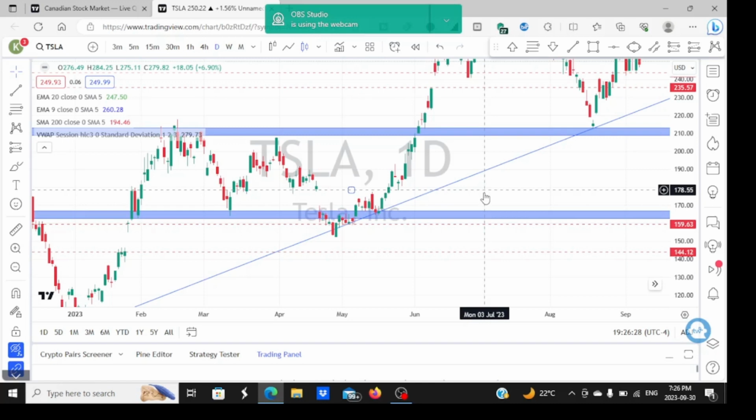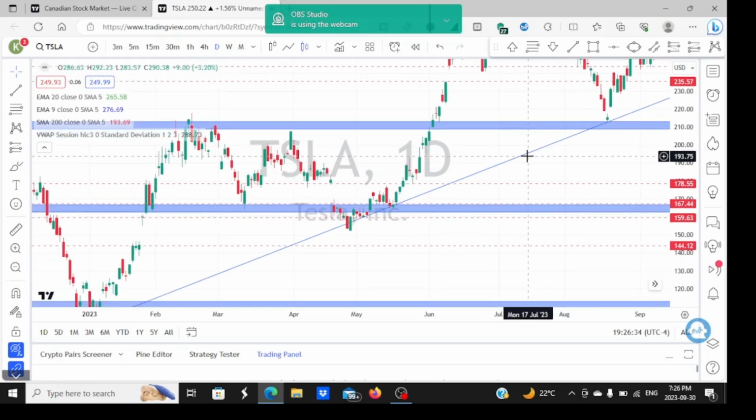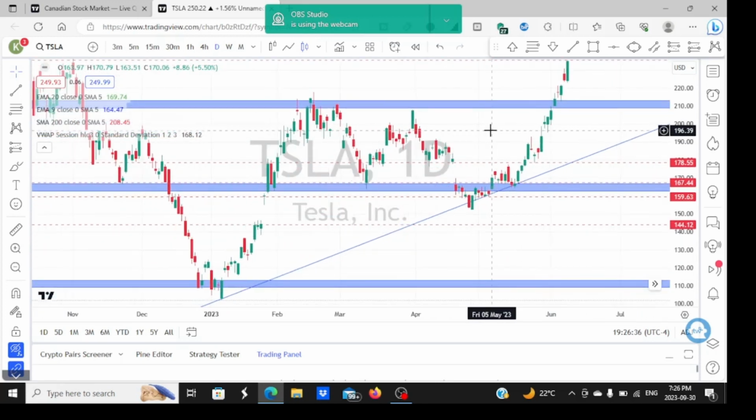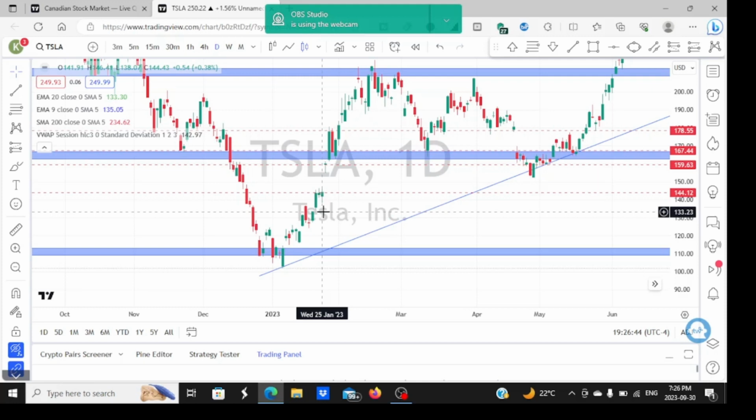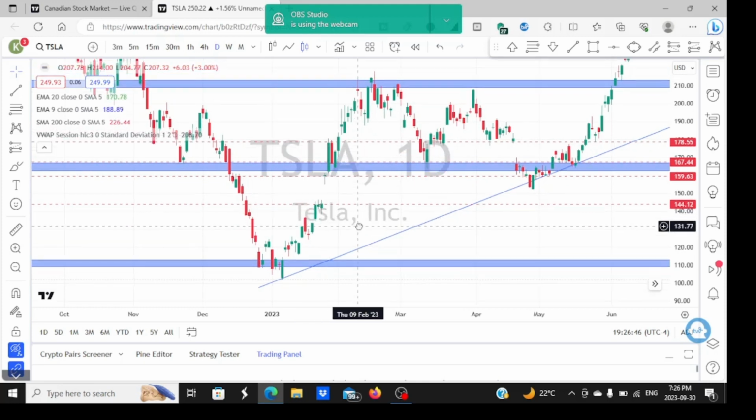There are a lot of gaps on Tesla. So we're just gonna analyze each gap and see what happens when there is a gap. So let us look at January 2023. Gaps are very strong resistance area or support area. They act as resistance or support.